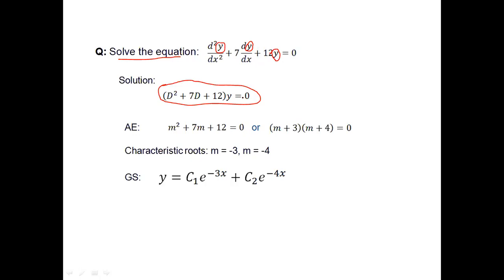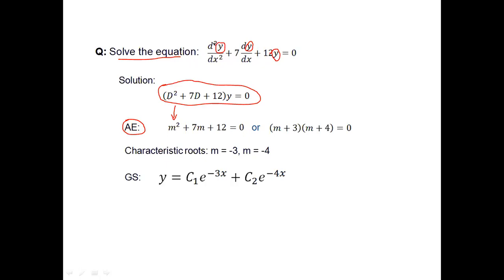Then from this stage, we know that y cannot be equal to 0. We now come up with what we call the auxiliary equation. How do we get the auxiliary equation? We simply replace D with m standing for the roots.